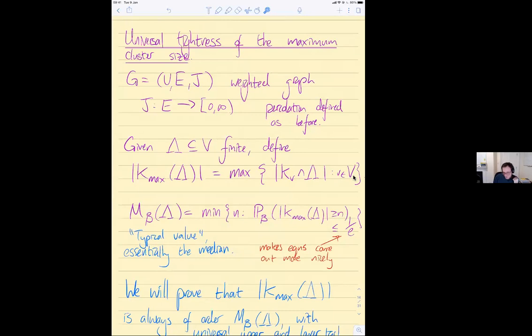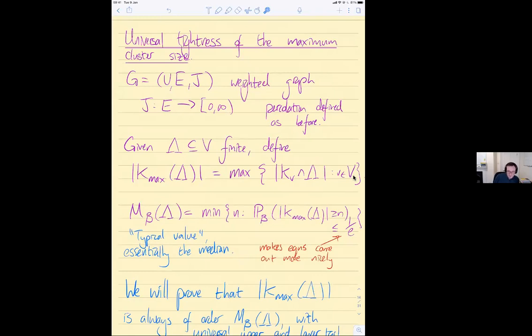Now, we want to find a more efficient way of converting volume tail bounds into connection probability bounds. And this is going to go through something about maximum cluster sizes in finite regions. So let's suppose we have our weighted graph.